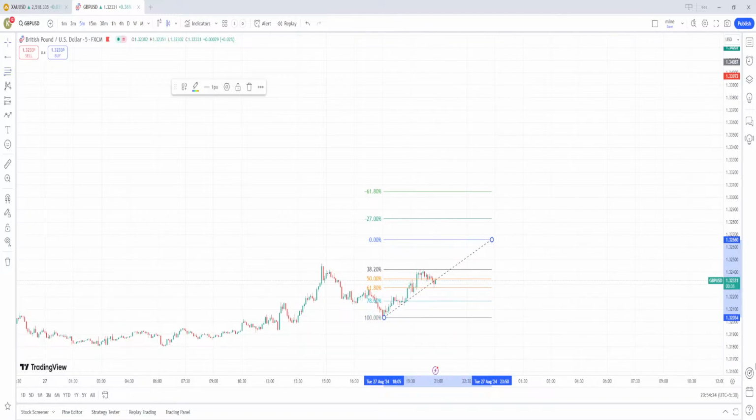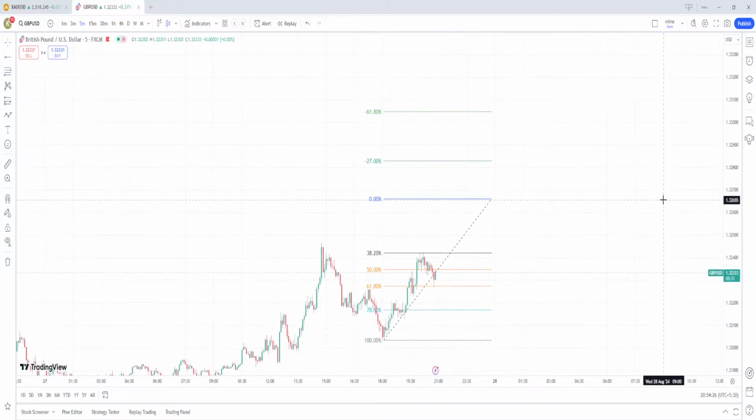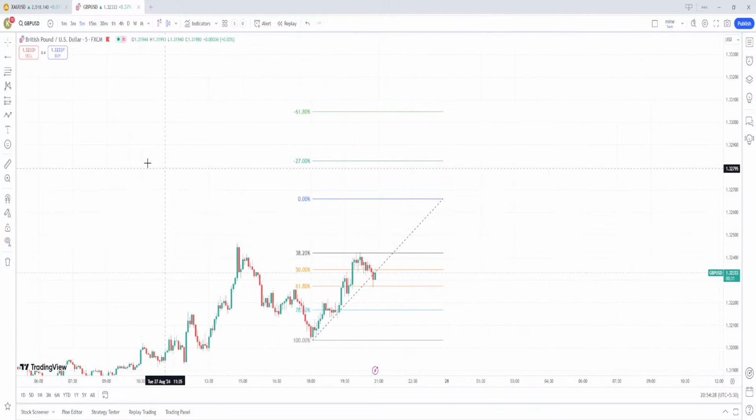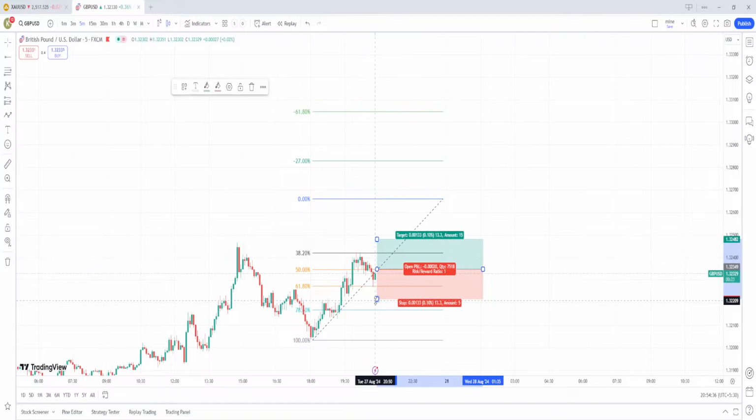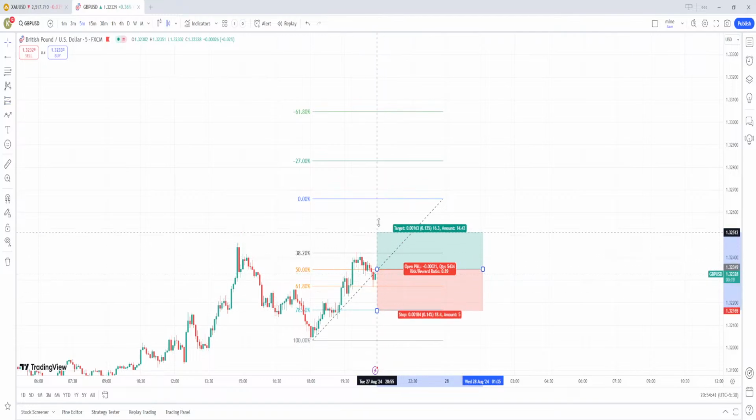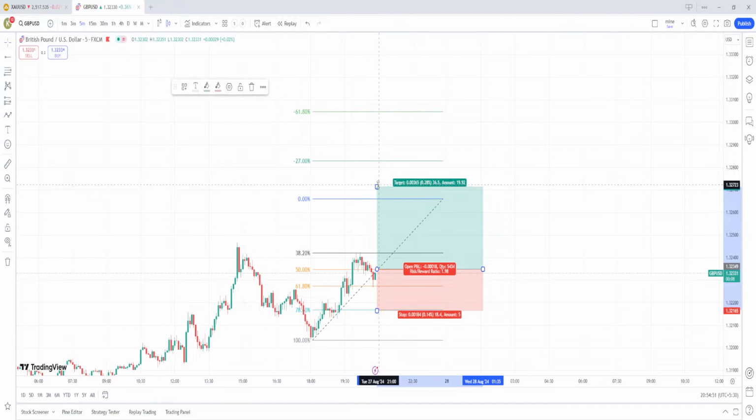The price is in the golden zone, so I am going to take a buy position in GBP/USD with the stop loss from here, at a 1:2 risk reward ratio. I prefer this. Always I prefer a 1:2 risk reward ratio, which will be more profitable.